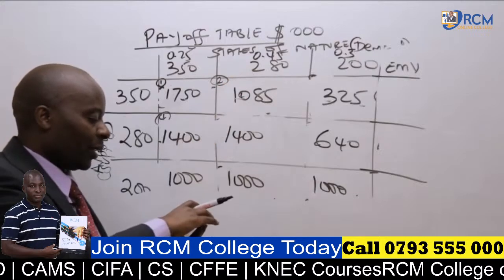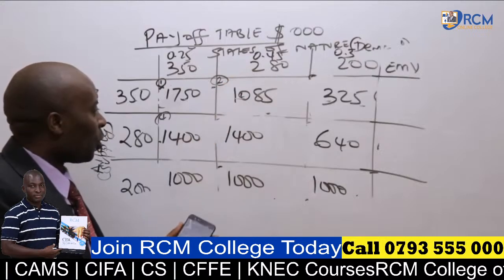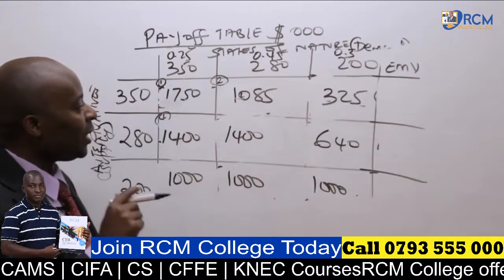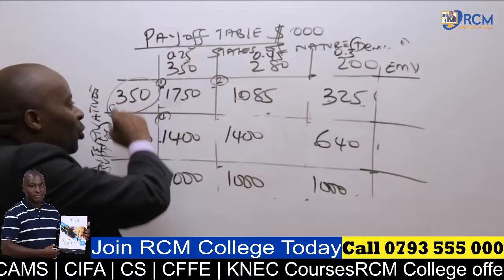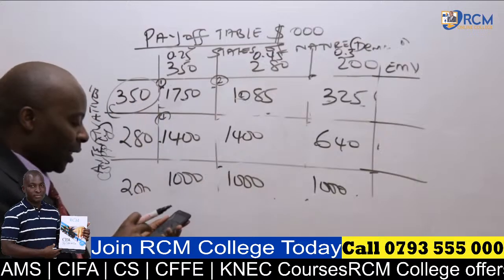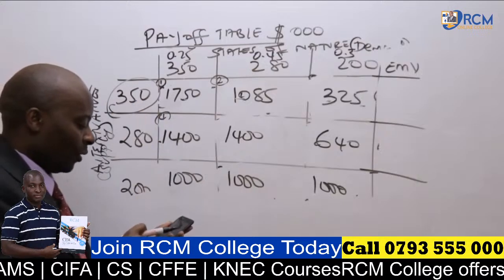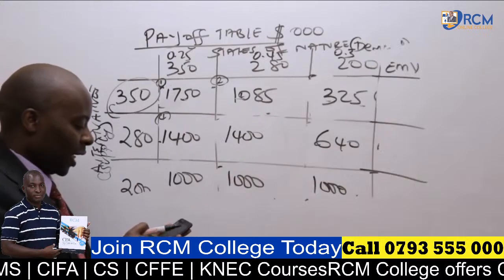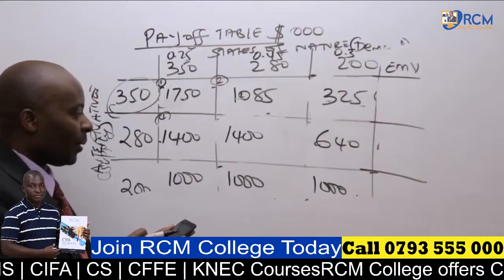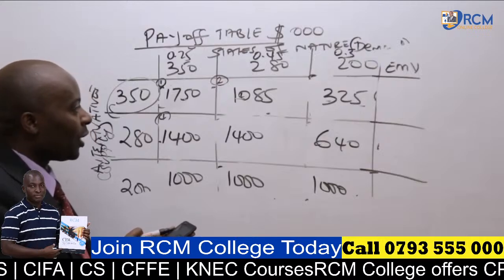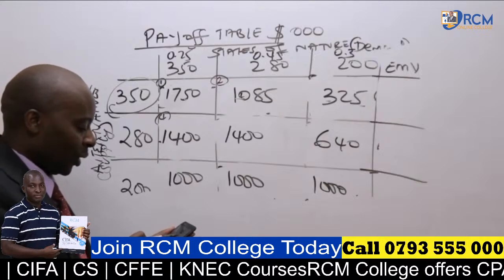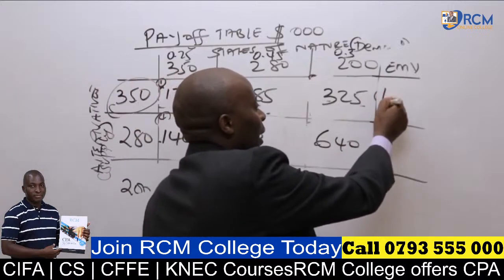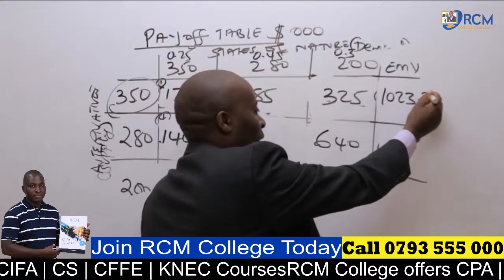So ladies and gentlemen, here we are. You're getting the EMV for this first alternative: 1750 times 0.25 plus 1085 times 0.45 plus 325 times 0.3, which at the end of the day gives me 1023.25.